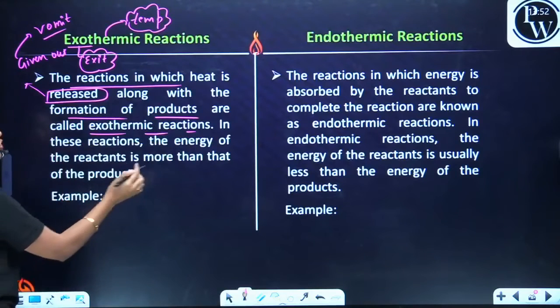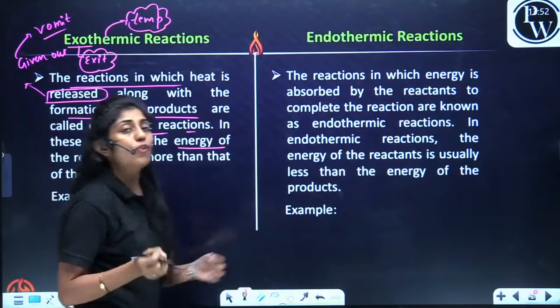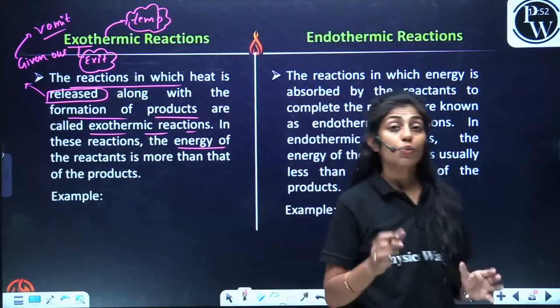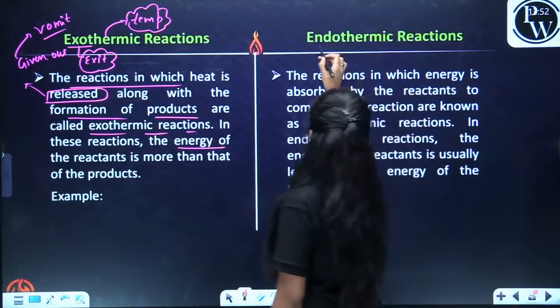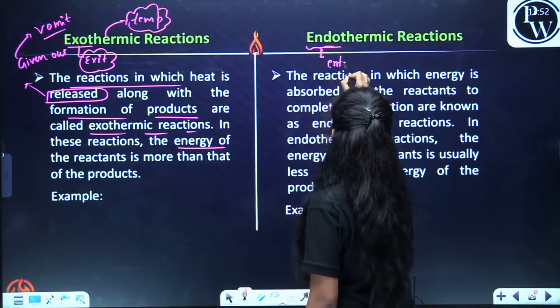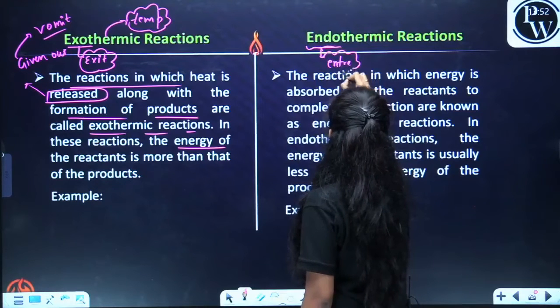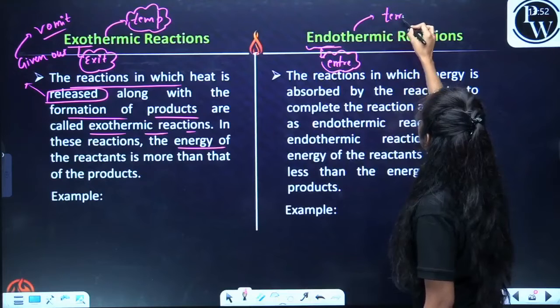In these reactions, the energy of the reactants is more than the energy of the products. How is it possible? We will know what that means in a moment. Now, what is endothermic? Endo means enter. Thermic again is associated with temperature.